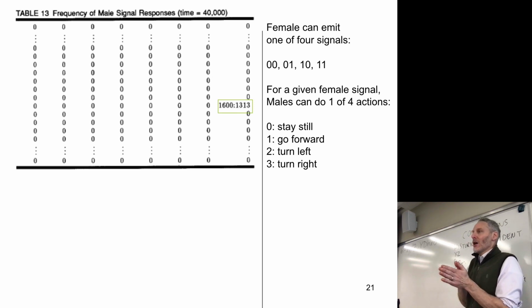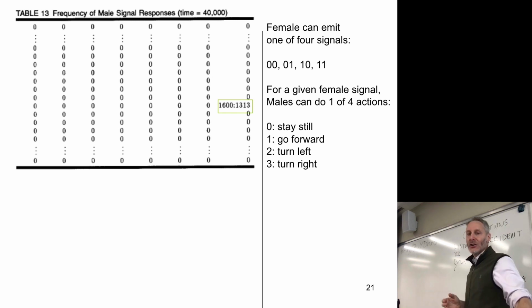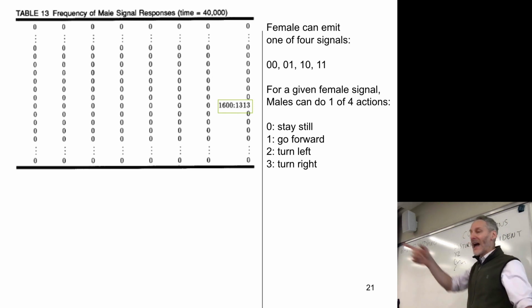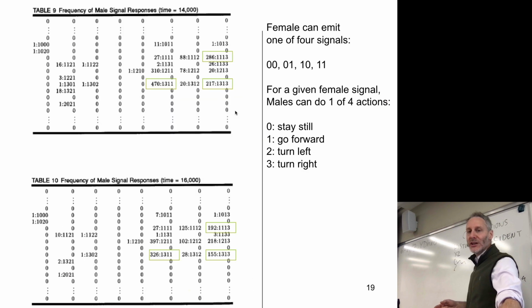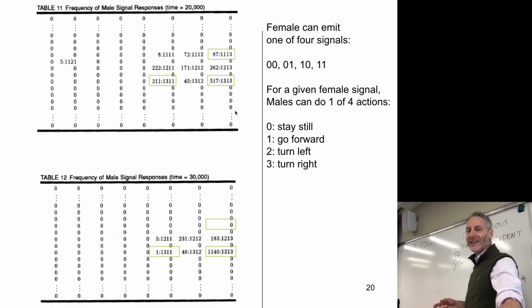You can only emit song 1 and 2, or only emit song 1 and 4, and you'll, with equal probability, attract these particular males. But during this evolutionary period, you're more likely as a female to be able to attract these males, or these males, or these males if you speak 2 languages.